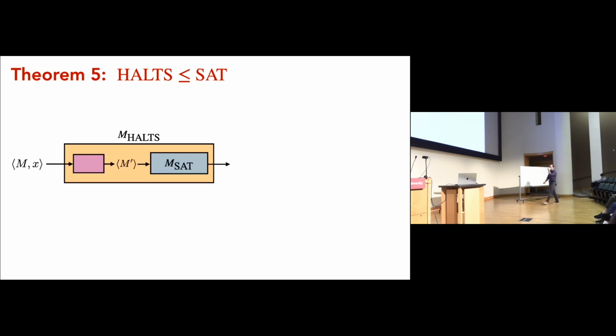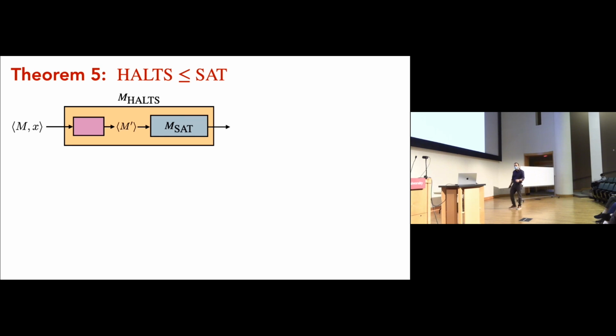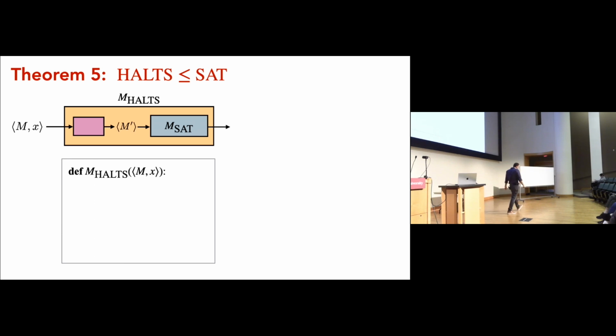Okay, so let's try this out now. I'm going to come to your ideas in a sec, but this is what we want to do. We want to define M Halts, which takes an input m and x. What do I need to do? I need to prepare m prime, the description, a string representation of another Turing machine m prime.